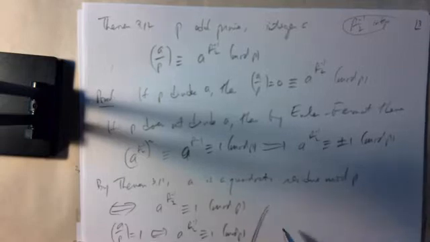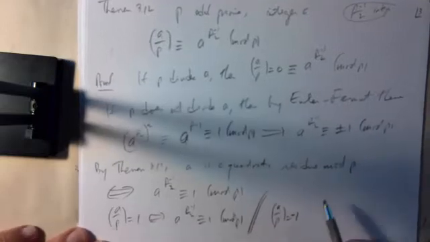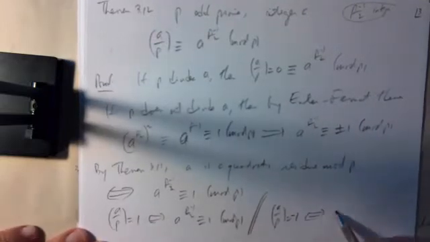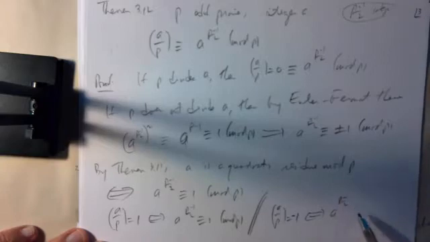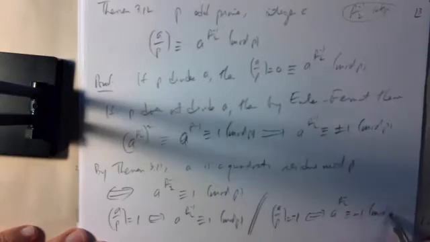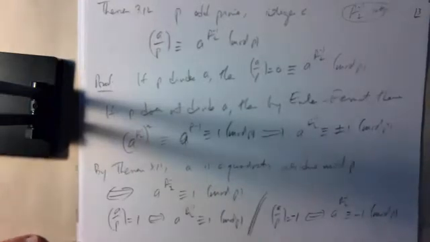And what is the alternative? a is not a quadratic residue, so this symbol is -1, if and only if a to the (p minus 1) over 2 is congruent to -1 mod p.